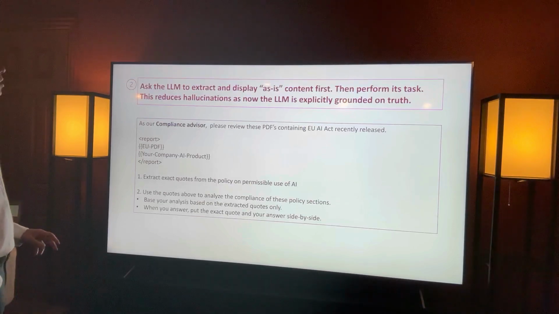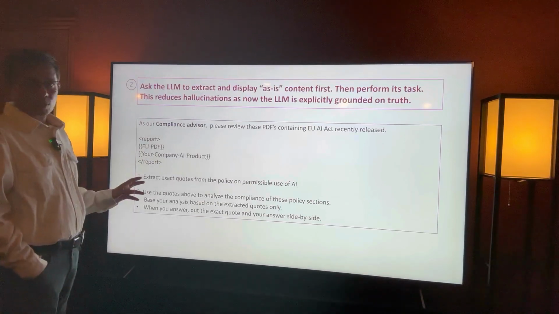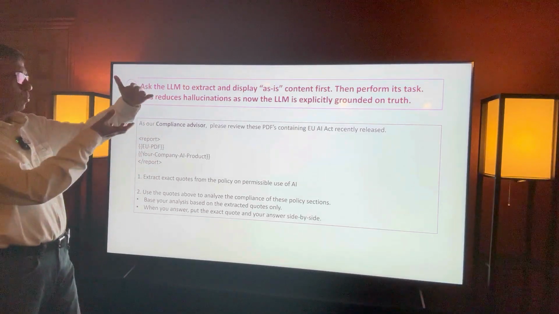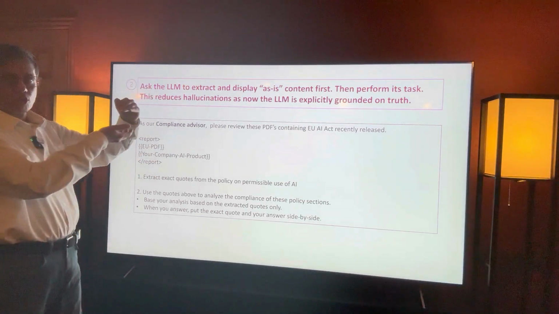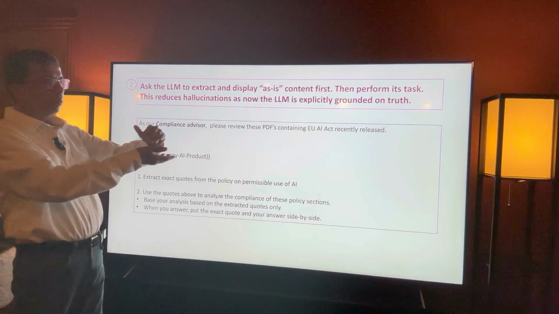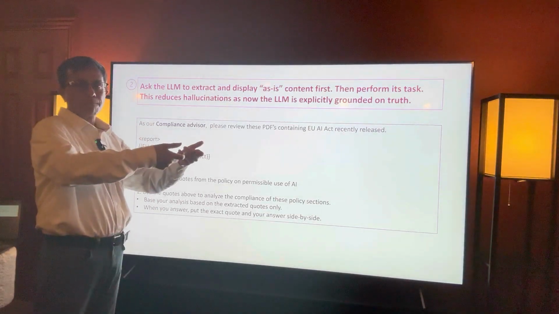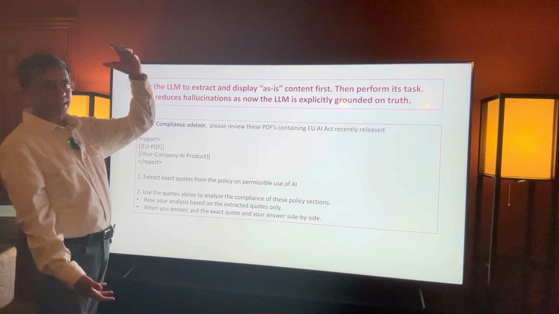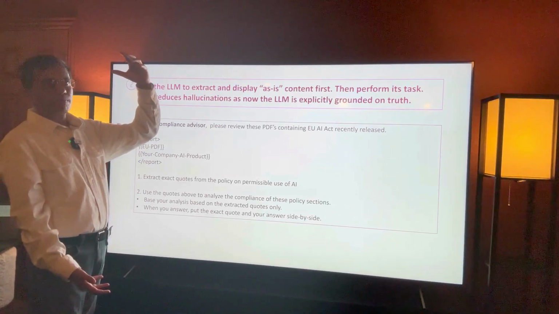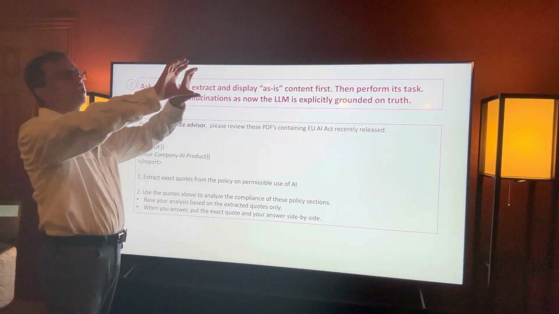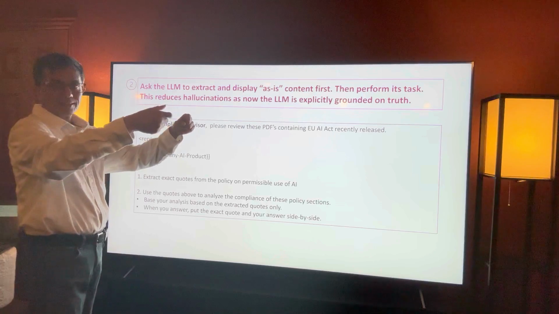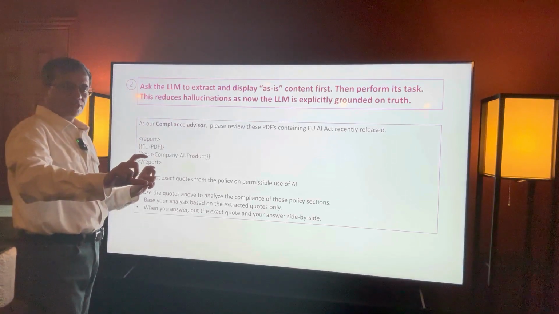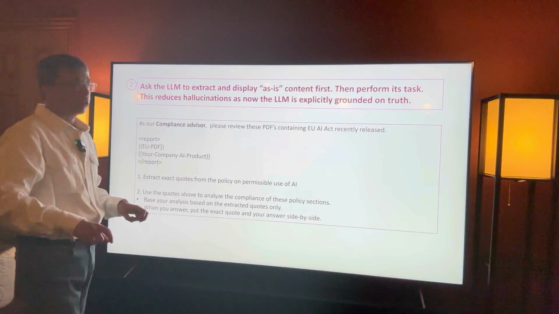Number two is another way where you tell the large language model to first output the exact content and then output your answer. So if you get a big answer, the way it's going to come out is the original content and then the large language model's response, and then the original content and then the response.